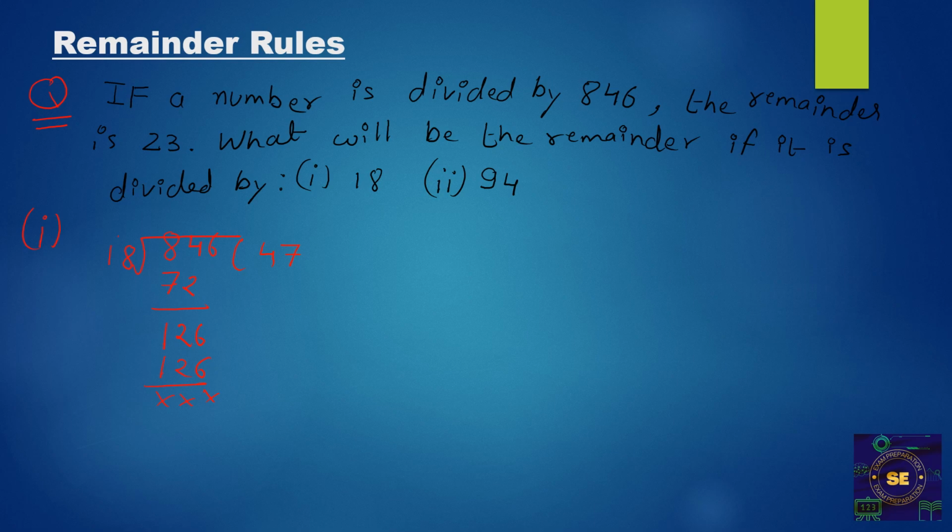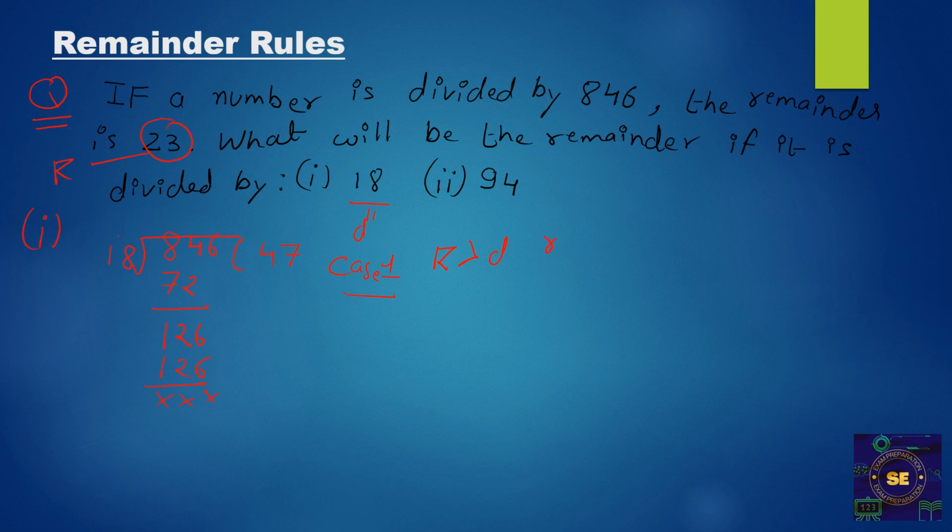Now here it goes with case number 1. What does case number 1 say? It says when the remainder is greater than the smaller divisor. The smaller divisor is 18 and the remainder is 23, so here 23 is greater than 18.